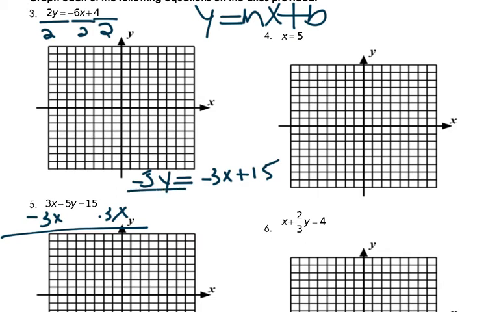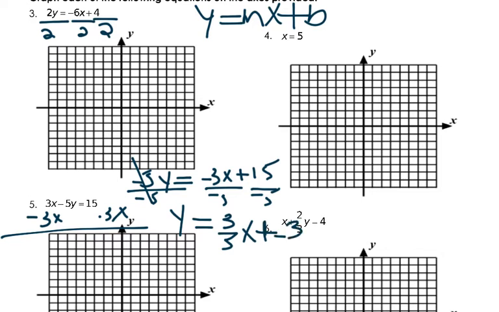Then you have to divide everything by -5. Okay? This will cross out. You'll have y equals a negative divided by a negative will give you a positive, plus -3. Or if you wrote just -3, that's fine.